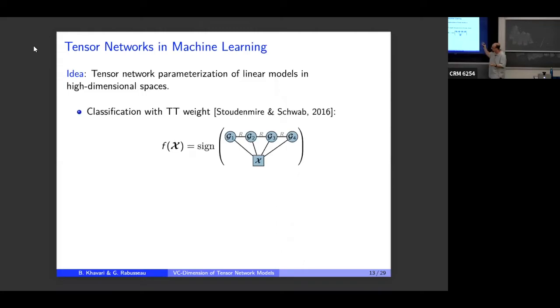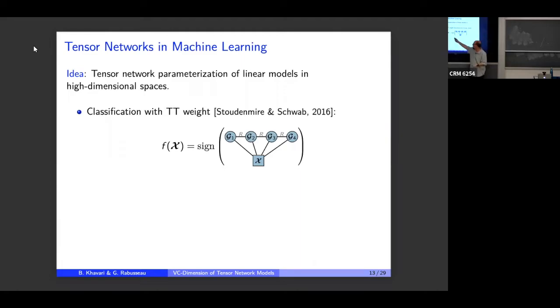For example, I will talk about just one paper that was published in 2016 by Miles Stoudenmire and David Schwab. Miles Stoudenmire is a physicist that works on tensor network methods for quantum physics, but also dabbles a little bit in machine learning. Here what they were proposing is basically that f of x will be a linear model.